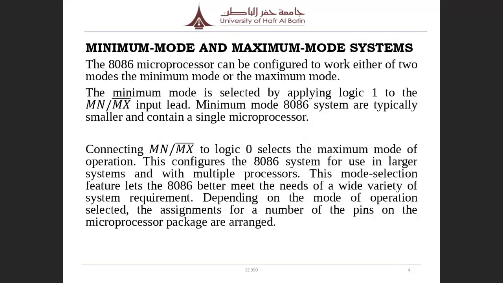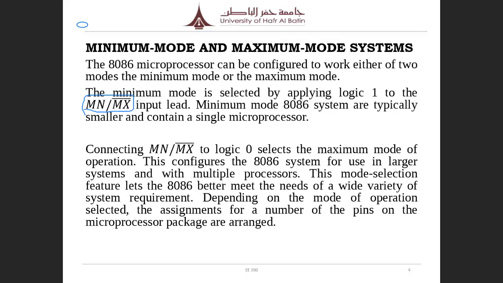So there is a pin, this pin, like you can see, MN/MX with a bar. That means if this pin is 1, then it works in minimum mode. If this pin is 0, then it works in maximum mode.